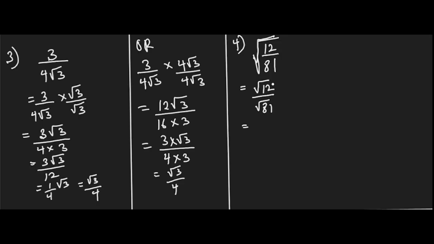We need to put them in their basic form. Root 12 in the basic form is going to give us 2 root 3. Root 81 is 9. Then we have an answer to it: 2 root 3 over 9.